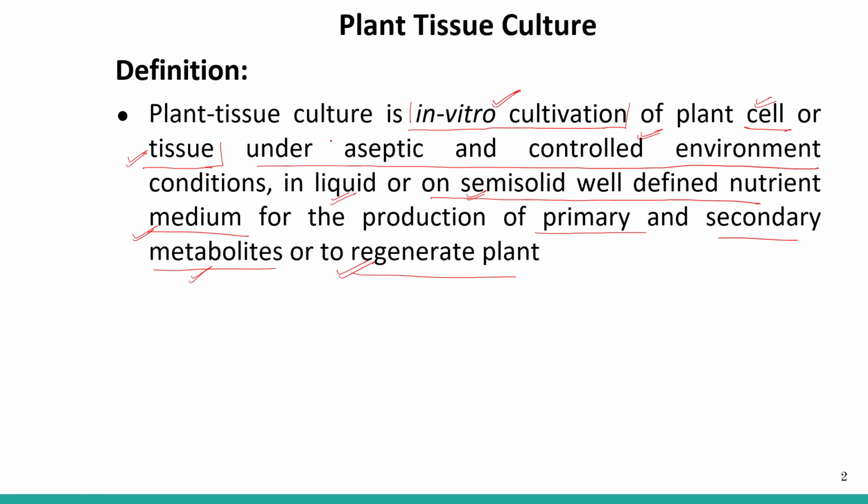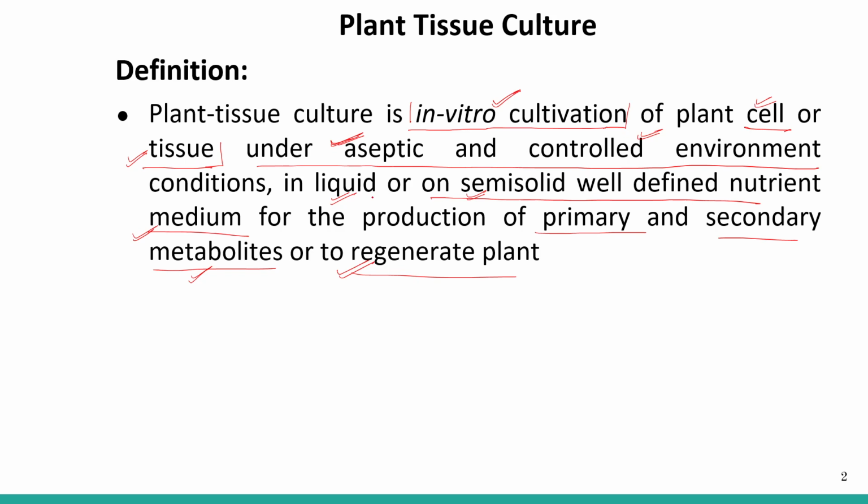But it is very important that your control should be in an aseptic condition. All the equipment which you are using in the tissue culture technique in the laboratory should be aseptic, meaning no contamination with microbes. And that is in your controlled environment condition.